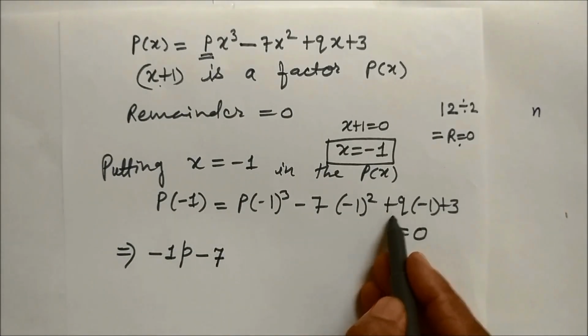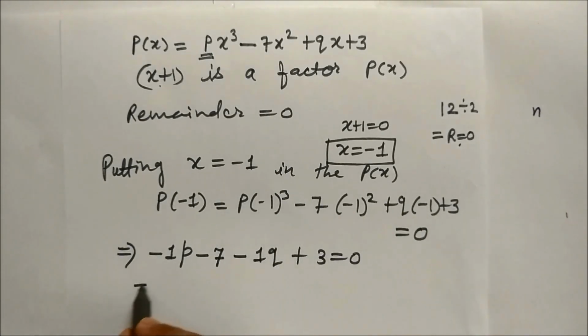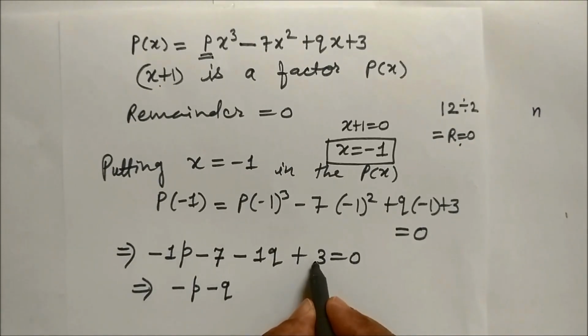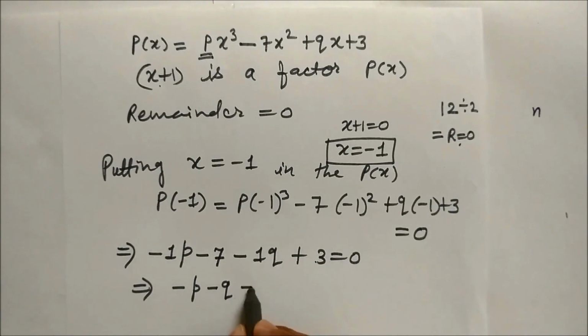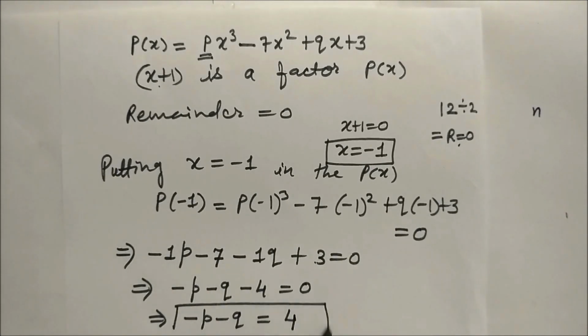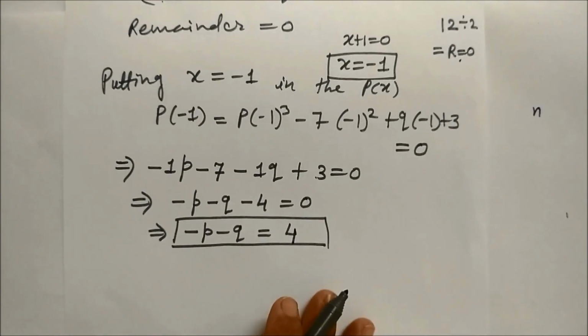Minus 1 is multiplying in q, minus q. Plus 3 is equal to 0. So we have minus p minus q minus 7 plus 3 is equal to minus 4, and this is equal to 0. Minus p minus q is equal to plus 4. So we have first equation, minus p minus q is equal to 4.